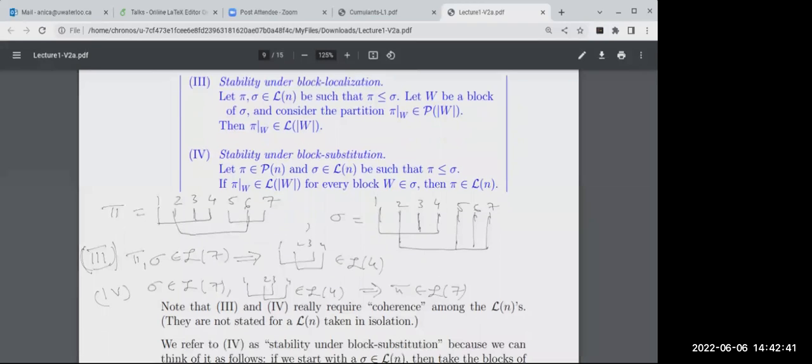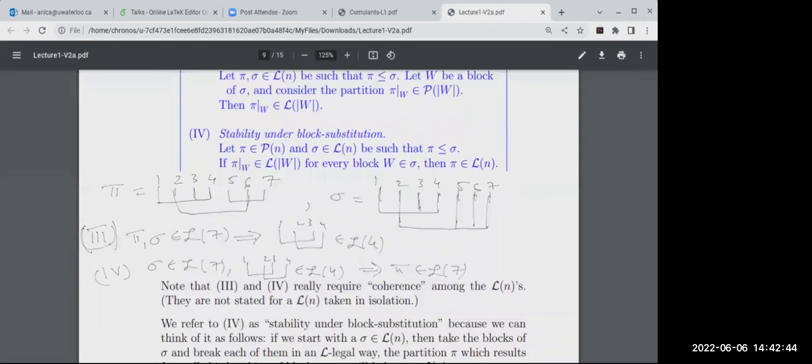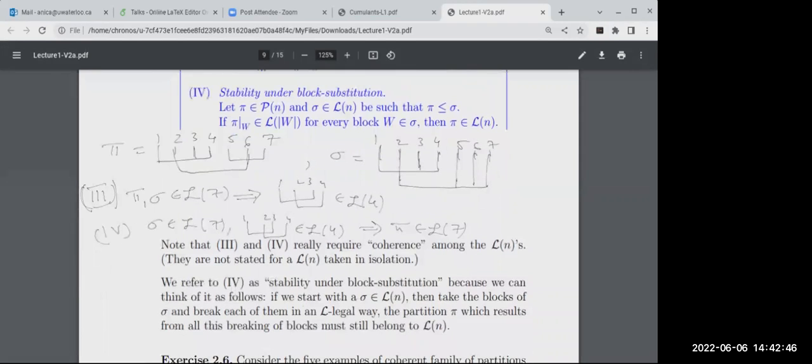So these are the new conditions, which really require some coherence among the L of n.